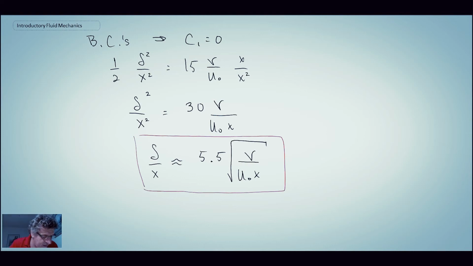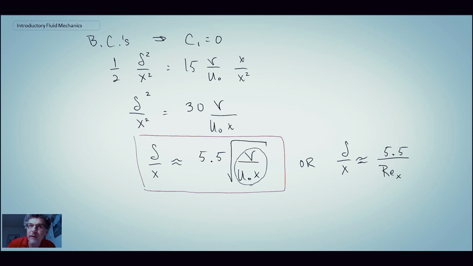And one thing that we can look at is this term in here, and that is a slightly familiar term to us. And that is basically 1 over the Reynolds number, because we have the kinematic viscosity in the numerator there. So that can also be written as delta over x, so the boundary layer thickness divided by streamwise position along the plate is approximately equal to 5.5 divided by Re_x.